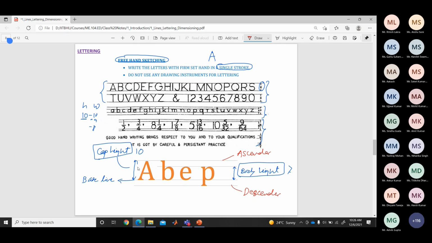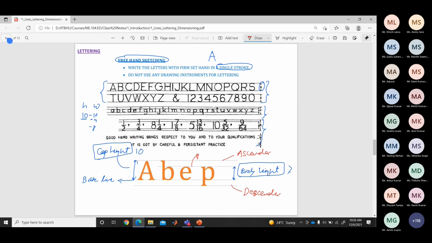Sir, the line above the baseline, what is the name for it? This line, I think for this one we do not have any name particularly because this is based on the body height.